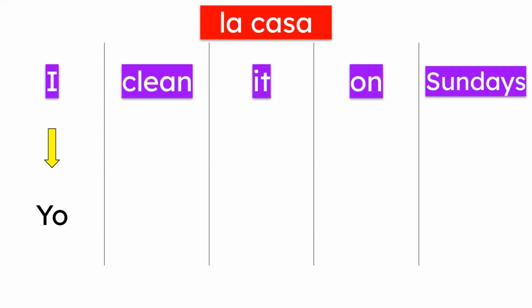Well, it is gonna take the gender according to the thing it is referring to. In this case, I'm meaning I clean the house on Sundays. And since house or casa is feminine, then that means that I have to use la for it.